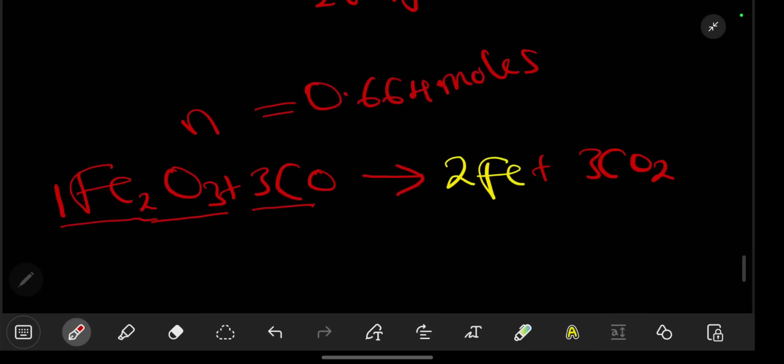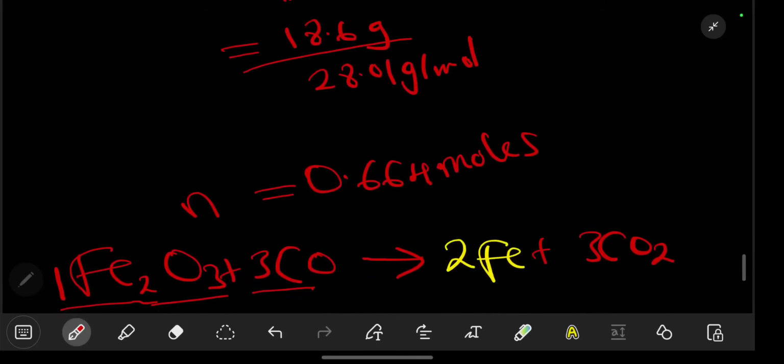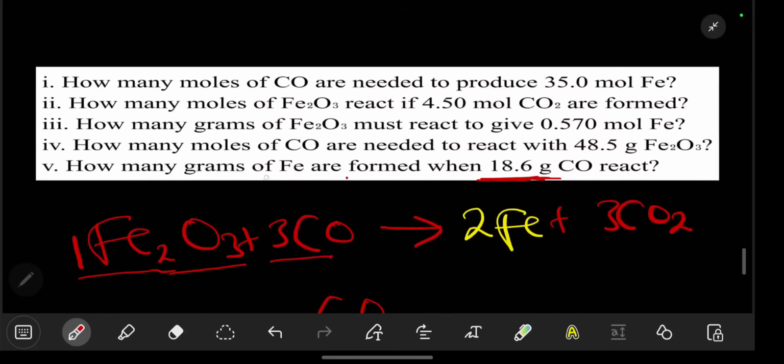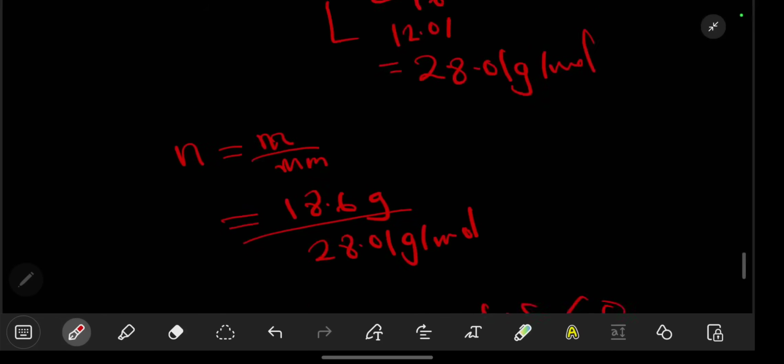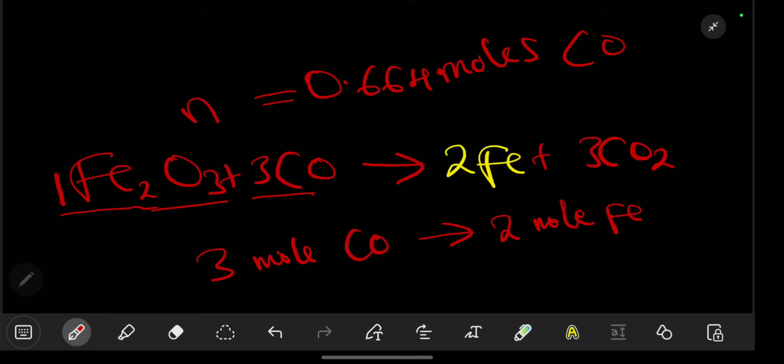So upon conversion, these are the number of moles of carbon monoxide. What do we want? We want how many grams of iron are formed. So we are going to be comparing carbon monoxide and iron. According to the equation, 3 moles of carbon monoxide should be able to give us 2 moles of iron.